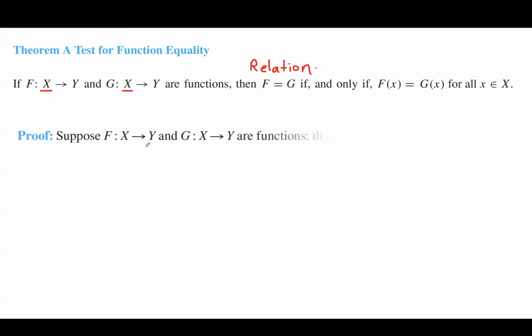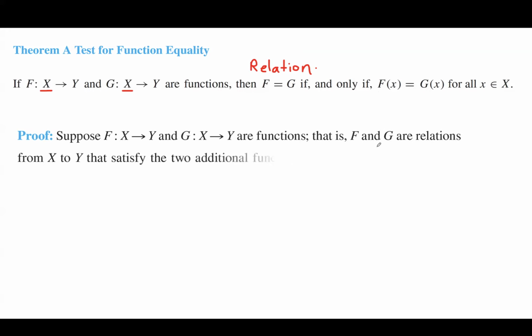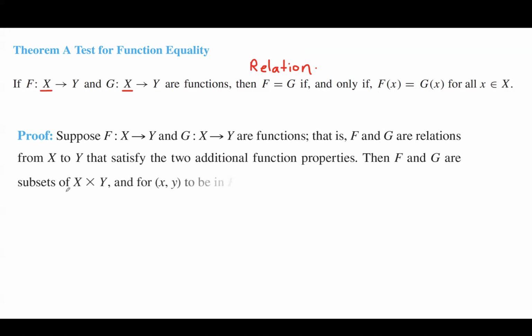Suppose f and g are functions. It means that f and g are relations satisfying those two conditions that we impose for functions. F and g are subsets of the Cartesian product between X and Y. There is no doubt there.